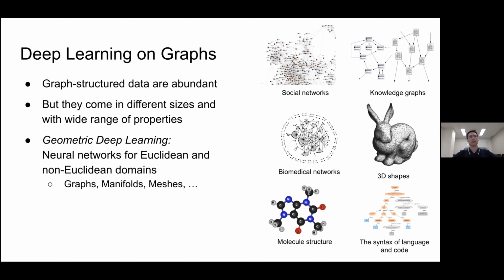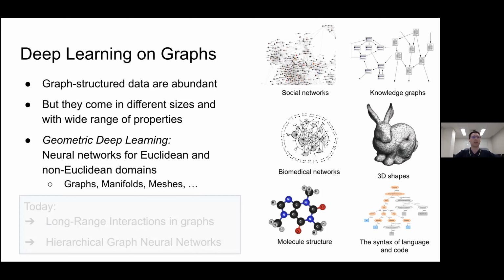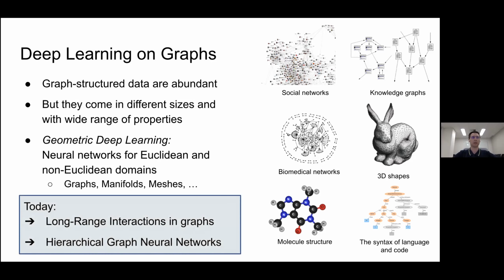And as I said, the type of properties that this data has, and how to make the best use of the data and develop models with the right inductive biases, has been really interesting. But in this talk specifically, I'll be talking about the long-range interactions in graphs and the approach with hierarchical graph neural networks for them.